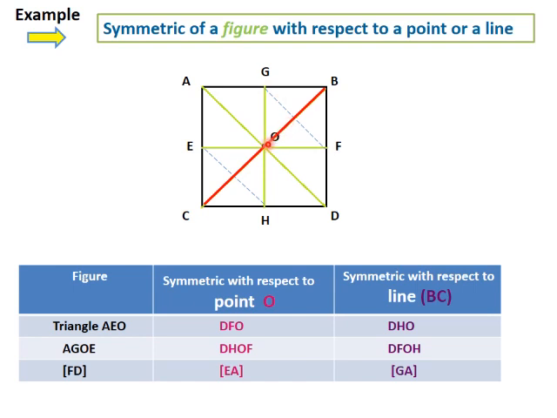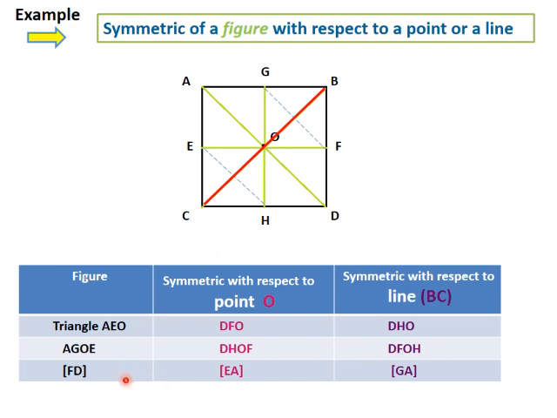The symmetry of point O with respect to line BC is the same, which is O, and the symmetry of point E with respect to line BC is point H. Then, the symmetry of square AGOE is square DFOH.